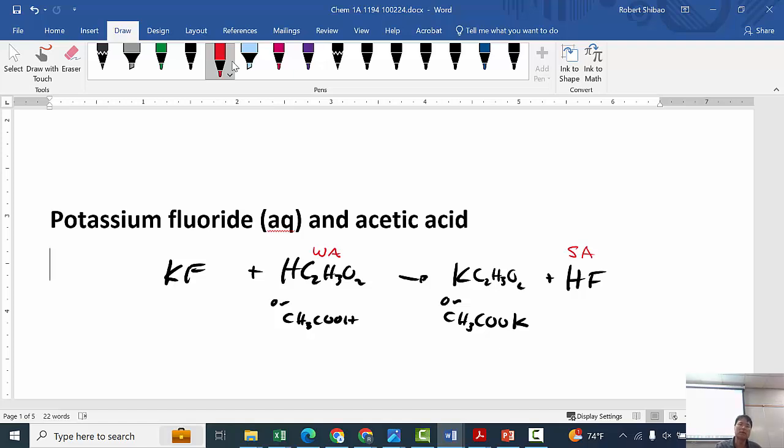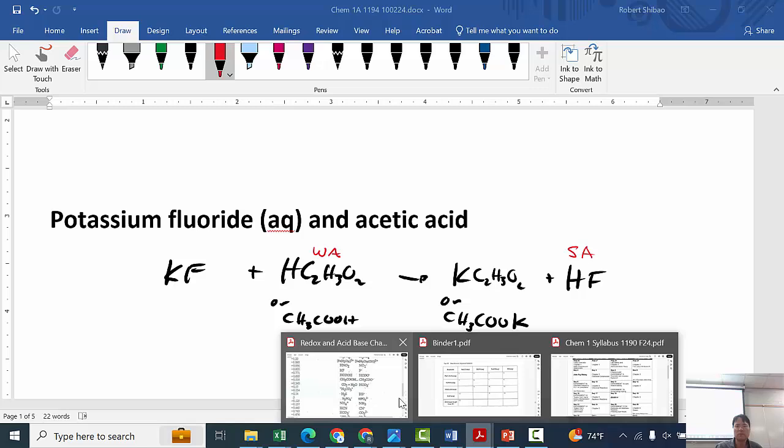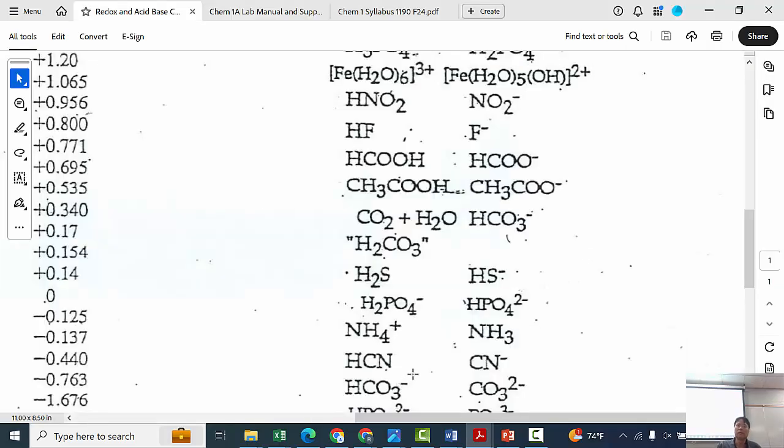And then S, stronger. HF is not a strong acid, but it just has to be stronger than acetic, which it is. And so HF is a stronger acid than acetic. You can see it here. It's a weak acid, but it is stronger than acetic.